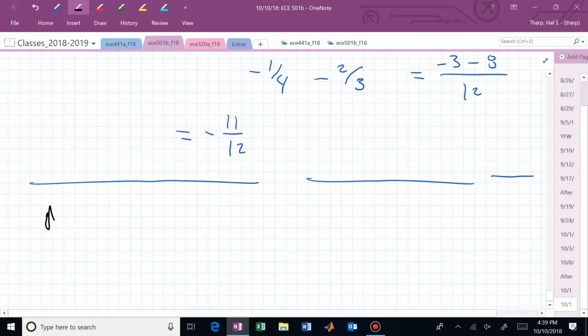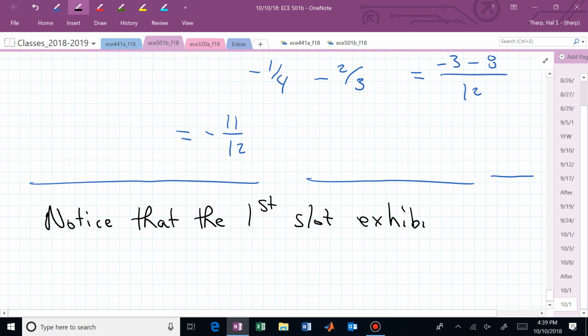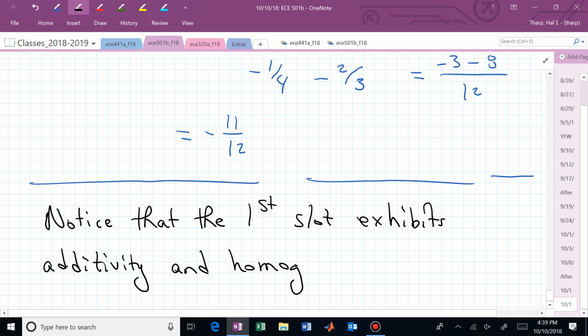First, let's look at something else. Let's notice that the first slot exhibits additivity and homogeneity.